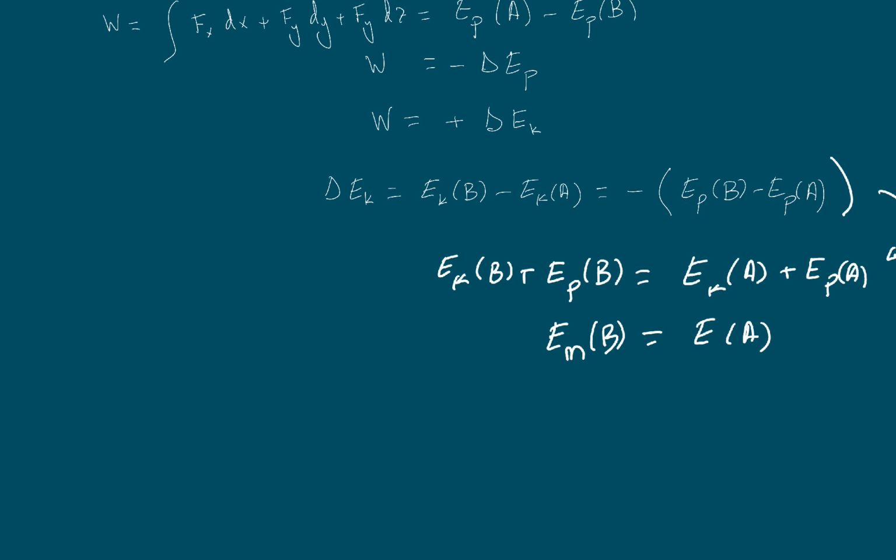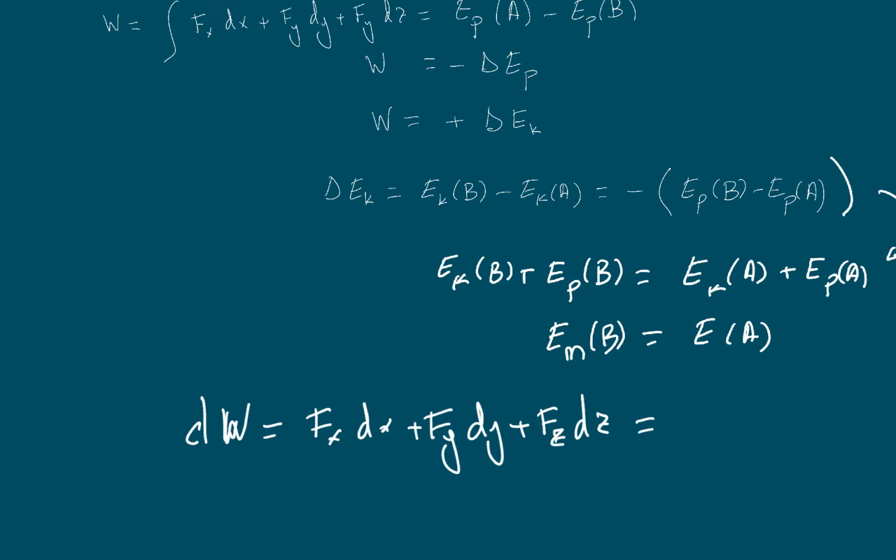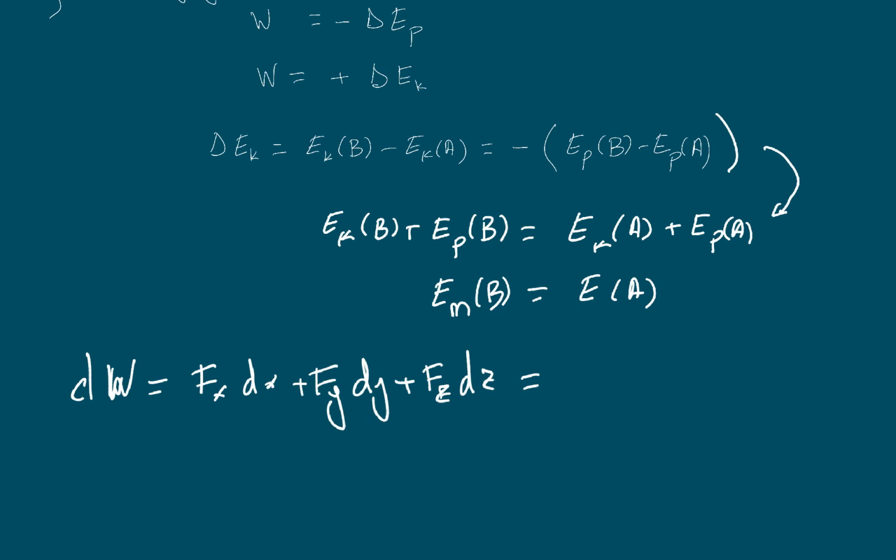We say that the small work done by a force is F_x dx plus F_y dy plus F_z dz. And we have said that if F is conservative, this is minus the small change in the potential energy.